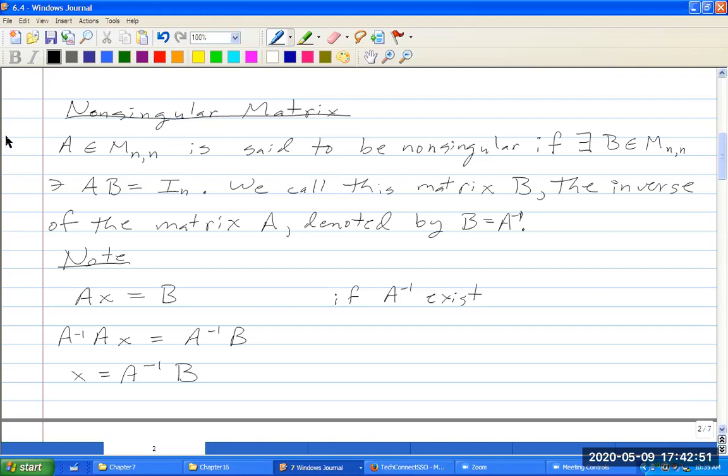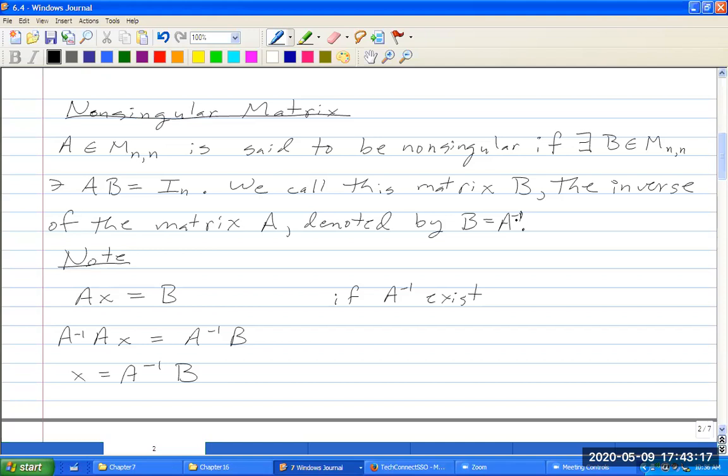We note that it can be shown that if a matrix has an inverse, then it must be a square matrix. We call the matrix B the inverse of the matrix A, and we denote this by A with a superscript of -1. So, why do we care about inverse matrices?